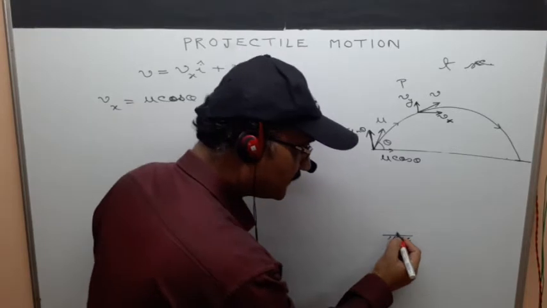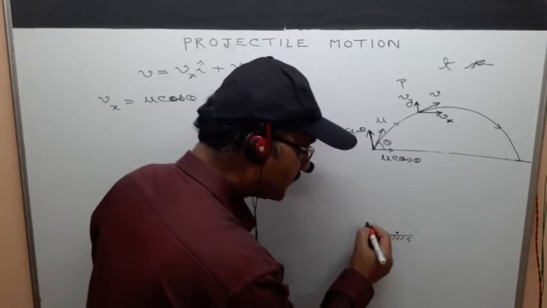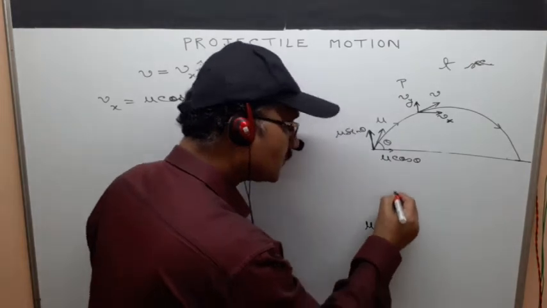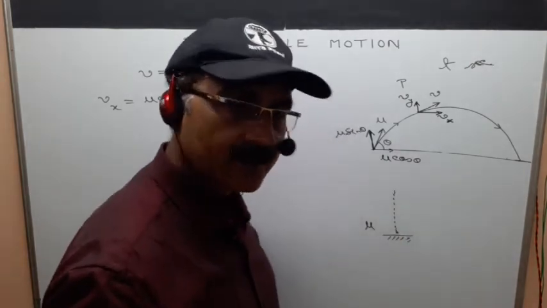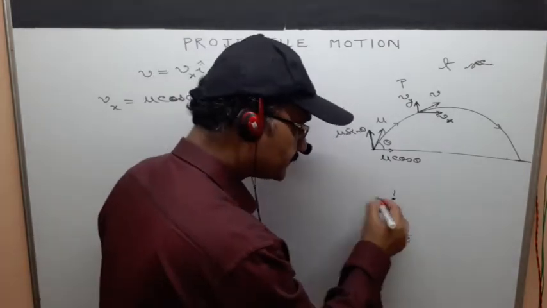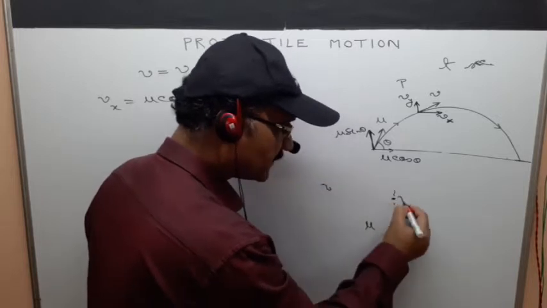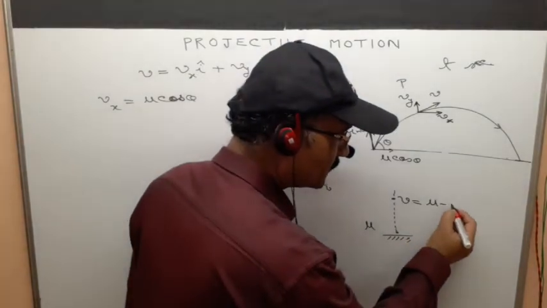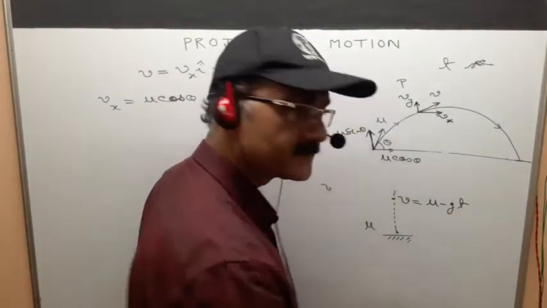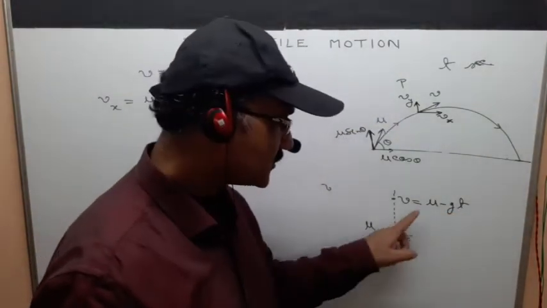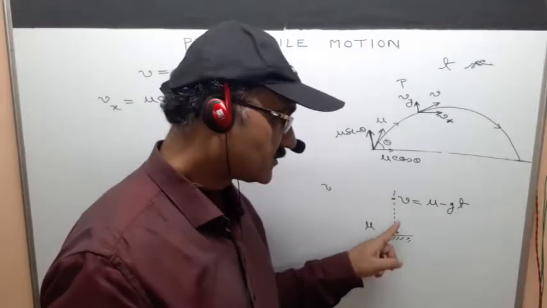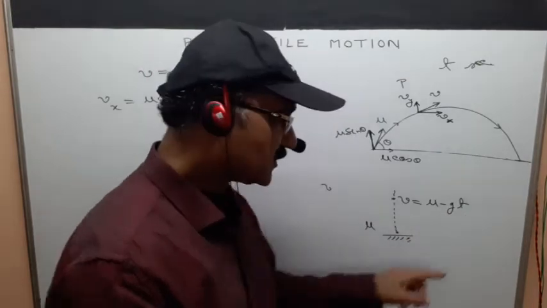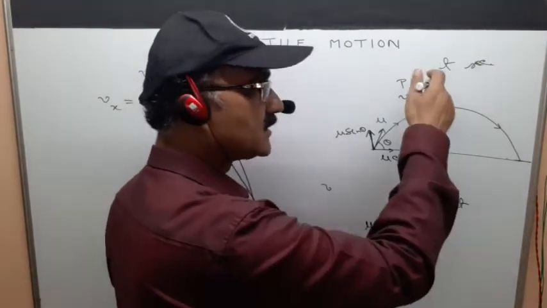If I throw a body with a vertical velocity u, it goes up. At any point, its velocity, if I call it v, is given by u minus gt. Initial velocity u, retardation, so minus g into t. So compare this with this.